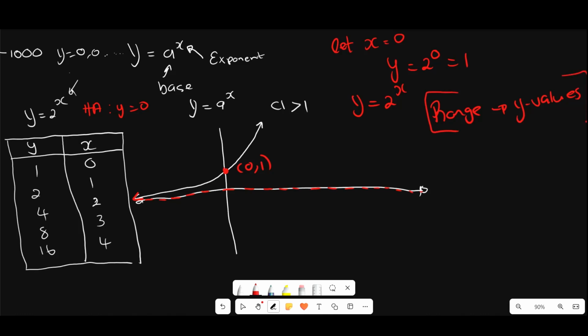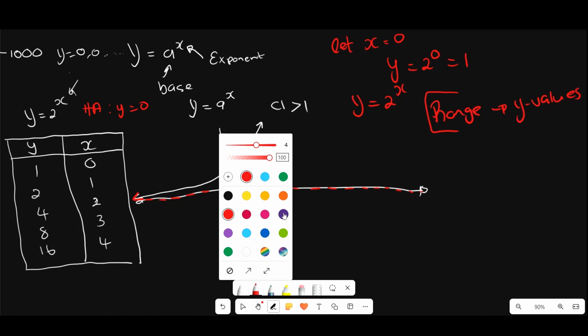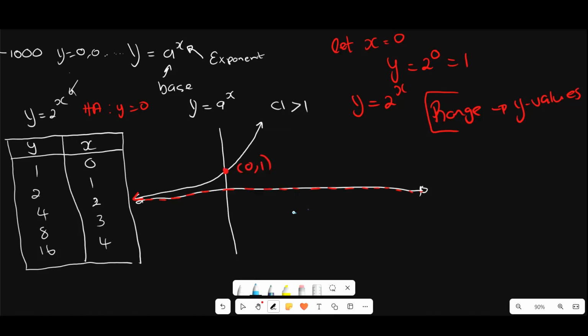If I ask you which values of y are included, you can see that all these values below are excluded, meaning they are not on the graph, and all the values above 0, remember this is the y side and this is my x, are included on the graph. So that is what we mean by finding the range: all the y values included on the graph.